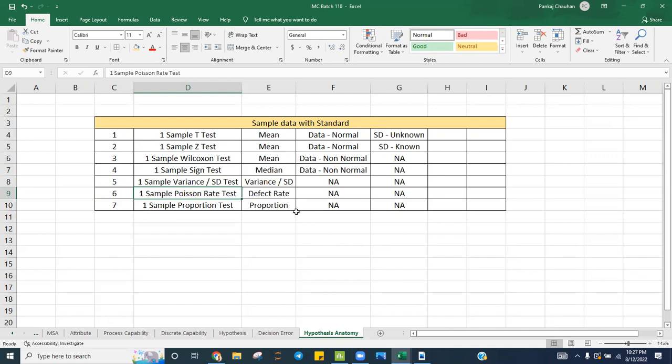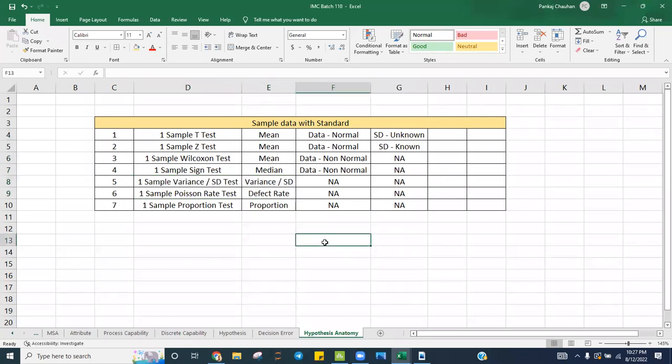Both the values it will give. Here the normality of the data condition is not applicable. Known or unknown is not applicable because you are already comparing the standard deviation of the sample.